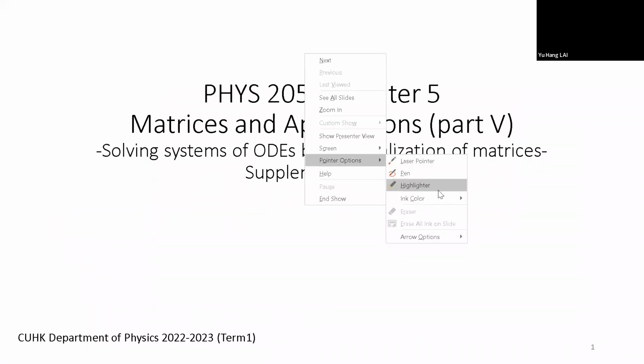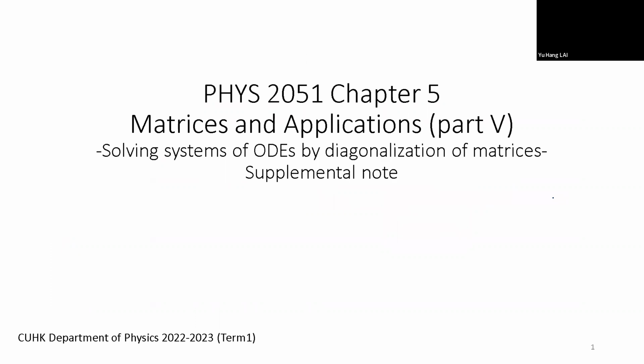You have all learned about the simple harmonic oscillator, right? If I have the simplest case, a fixed wall and then a spring connected to a mass particle, you know how to write down the equation of motion.